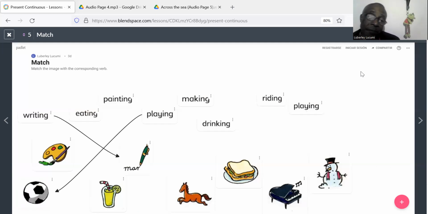Okay, group number 1. Tell me, eating. What is the object for eating? Sandwich. Yeah, eating sandwich. You're right.